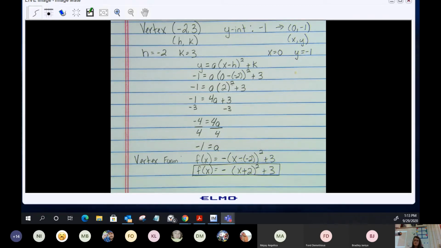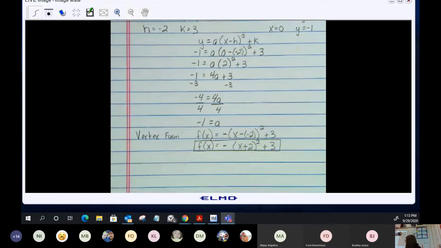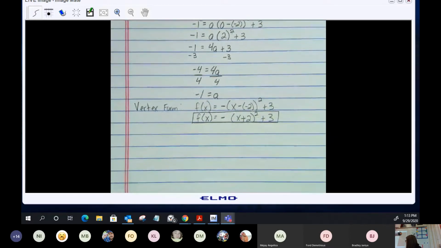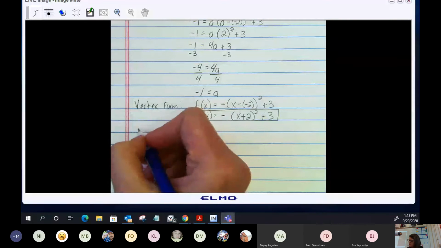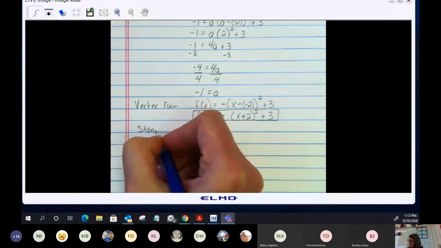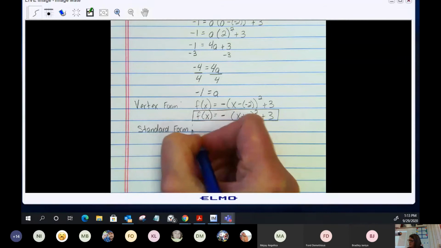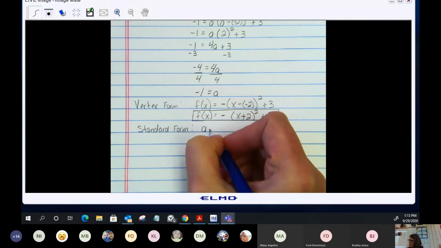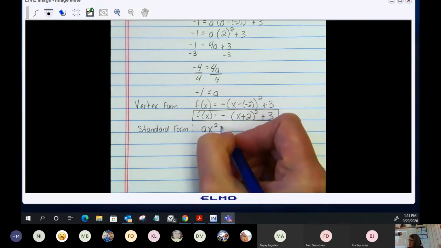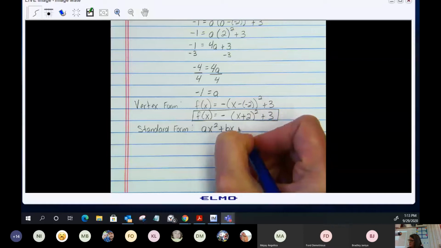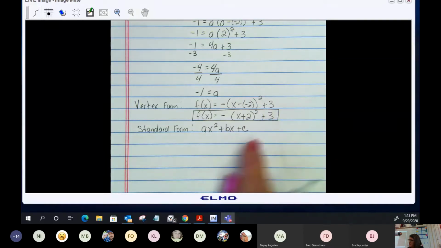Okay, so this is the equation in vertex form. We are also going to go ahead and put this into standard form. Standard form is ax squared plus bx plus c, where a cannot equal 0.